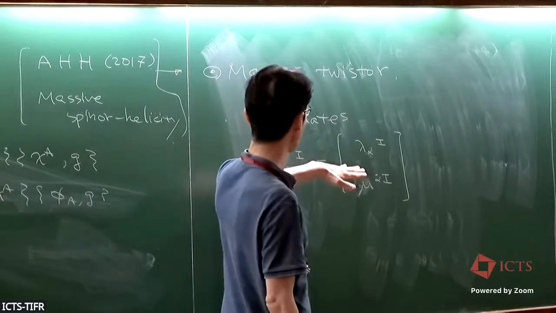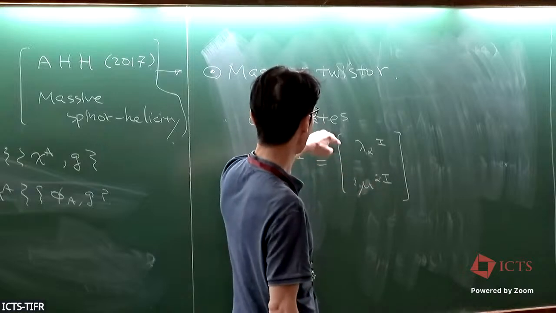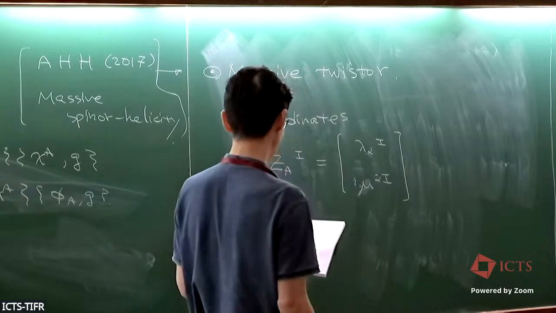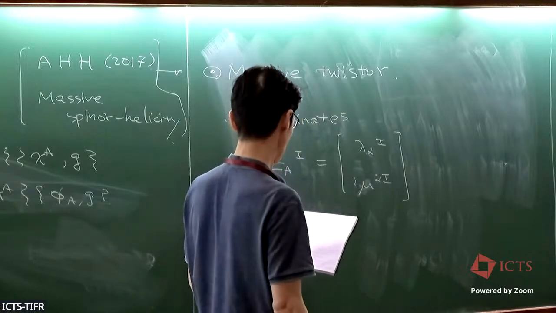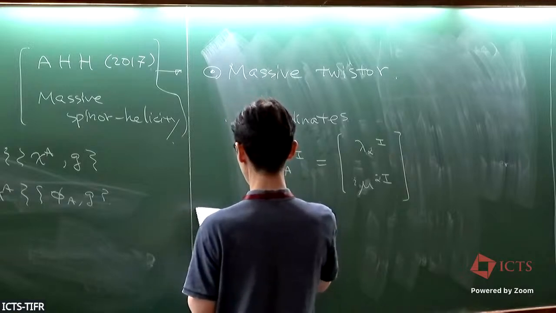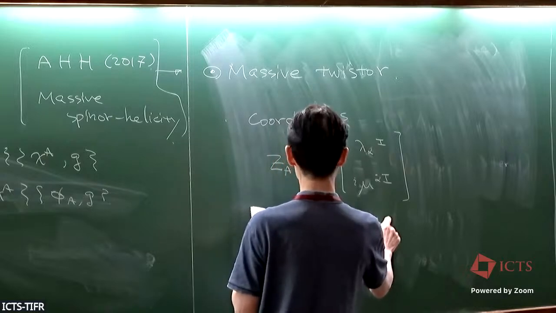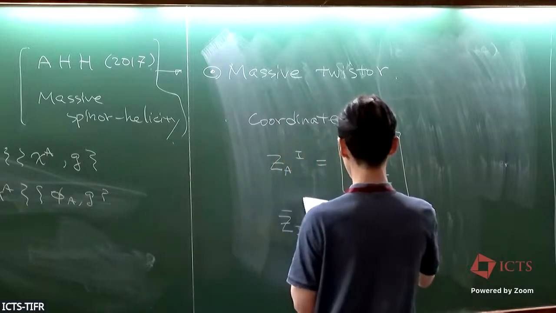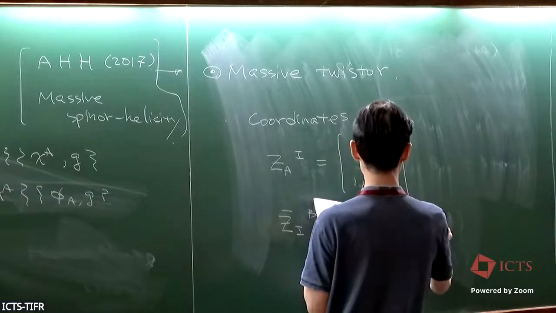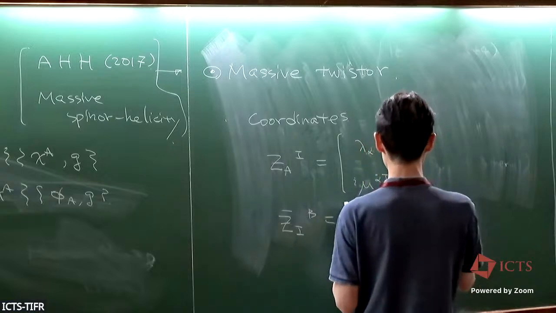In this matrix notation, we have 4 rows and 2 columns. And let me also write down the conjugate variable, which is you take the Hermitian conjugation and also the invariant tensor with signature (2,2).